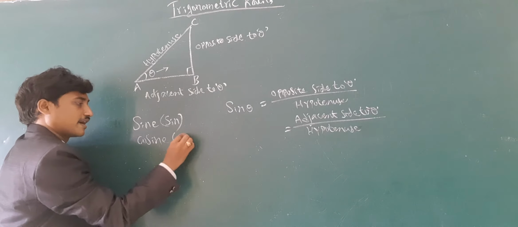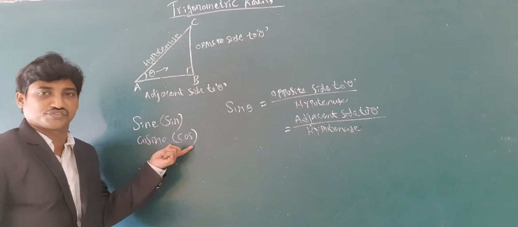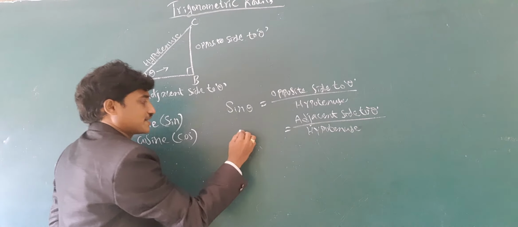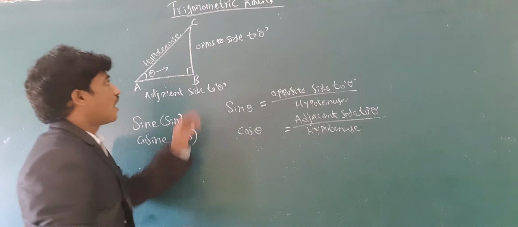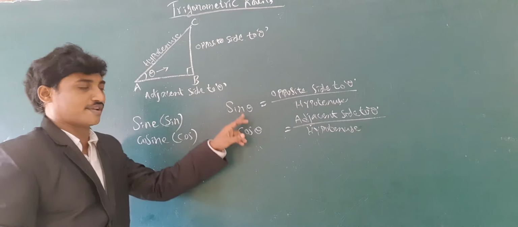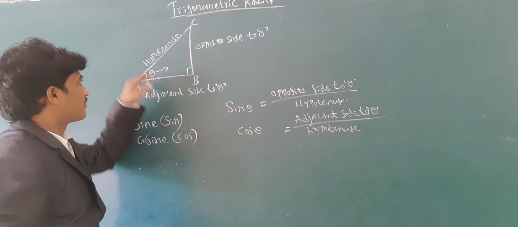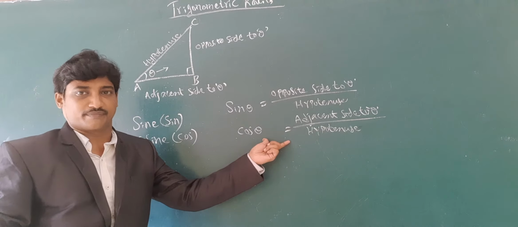In short, we write it as cos, and we read it as cos theta. Adjacent side to theta by hypotenuse is named as cos theta. Opposite side to theta by hypotenuse is named as sin theta.